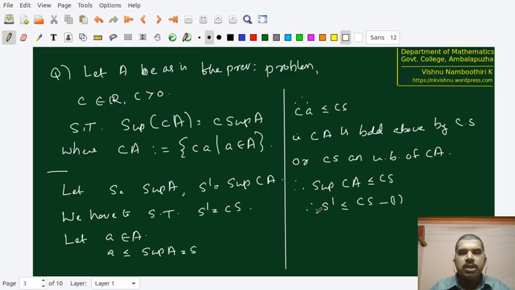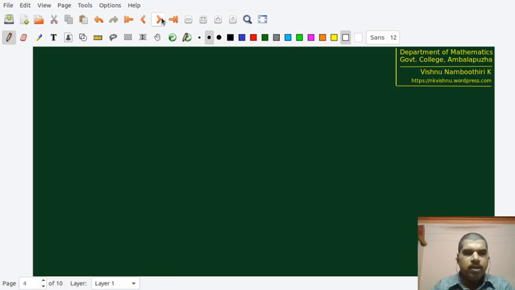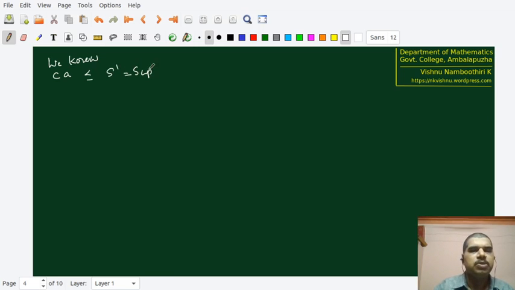Now we have to show that CS is less than or equal to S prime. We know that Ca is less than or equal to S prime, because S prime is the supremum of CA.